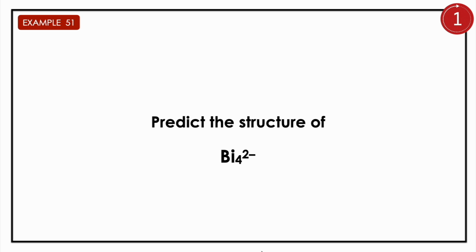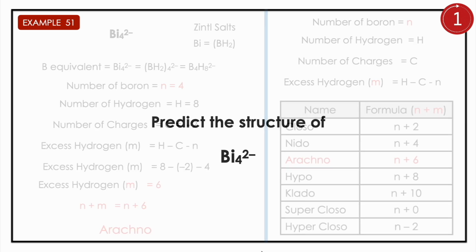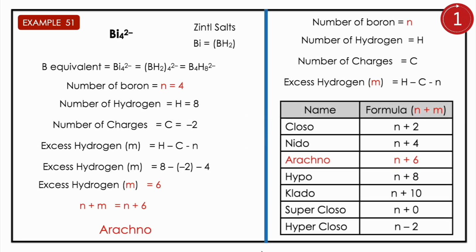Then the final example, Bi4 2-, it is a bismuth cluster. You should find the structure of the molecule using Wade's rule. Here Bi4 2- is given. It is a metal cluster, technically a Zintl salt. So we should write the boron equivalent.